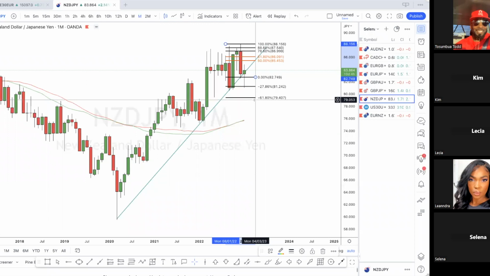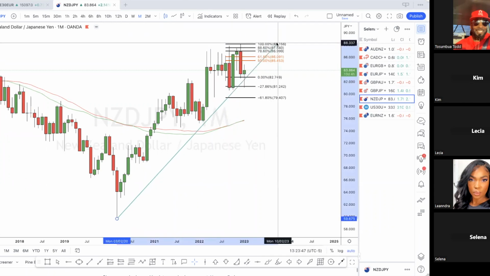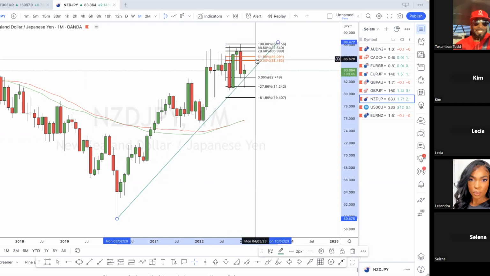Is that what you're saying? I still don't even see that because it hasn't broken structure, broke this high, this low. It hasn't broken this low yet, but. So if it hasn't broken the low, then it's going to keep buying up. But I agree that I expect for that thing to buy up to at least the 50% area.